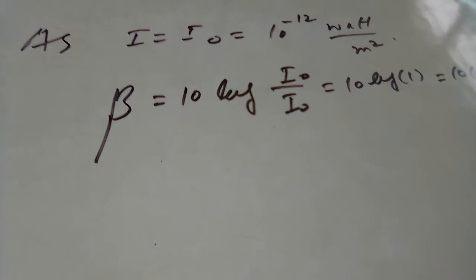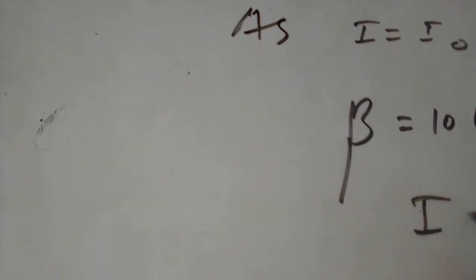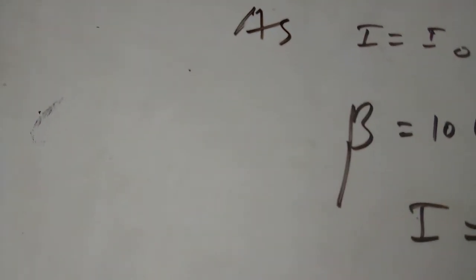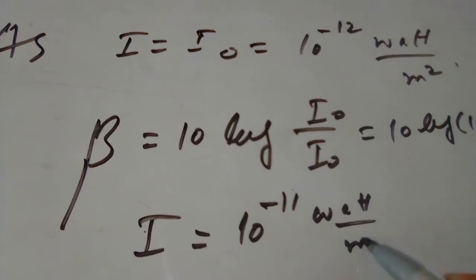Similarly, for the rustle of leaves, I is equal to 10 power minus 11 watt per meter square.